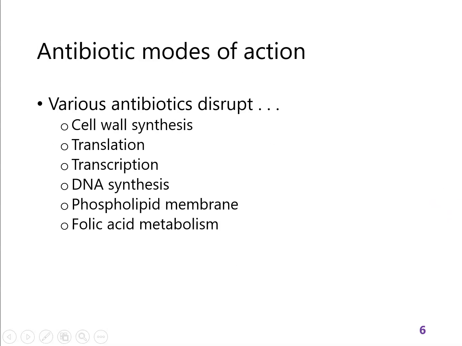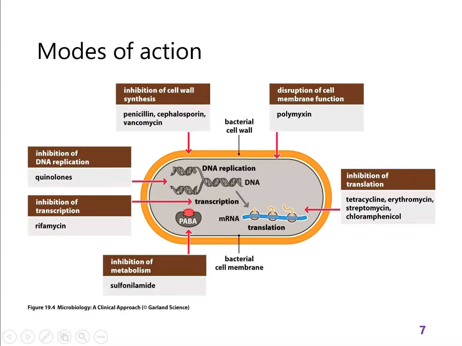In Lecture 8, Part 1, we saw modes of action of disinfectants, and here we see modes of action of antibiotics. And if you take some time to look through this list, you can fit each of these into one of the modes of action that we saw in the other set of slides. And here's a diagram that can help you remember the modes of action.